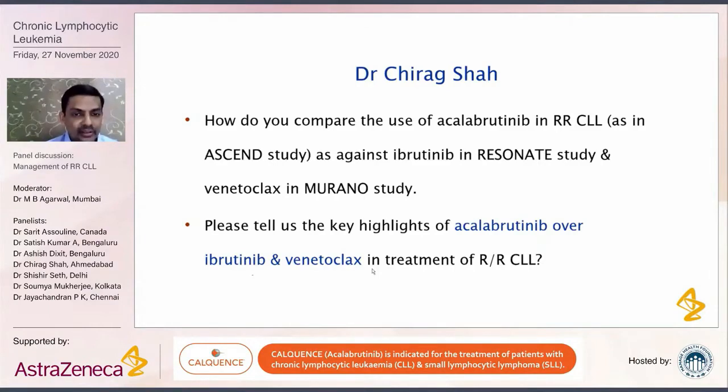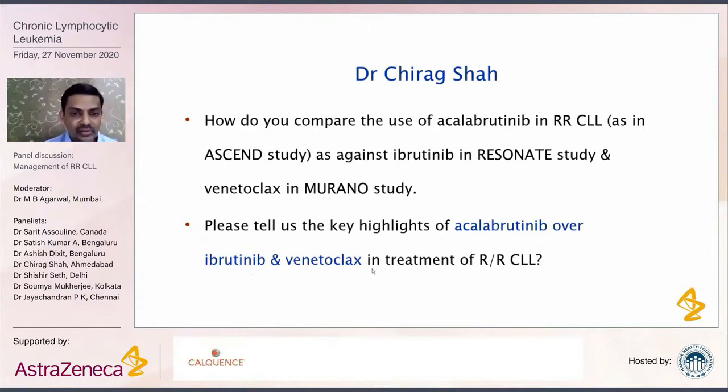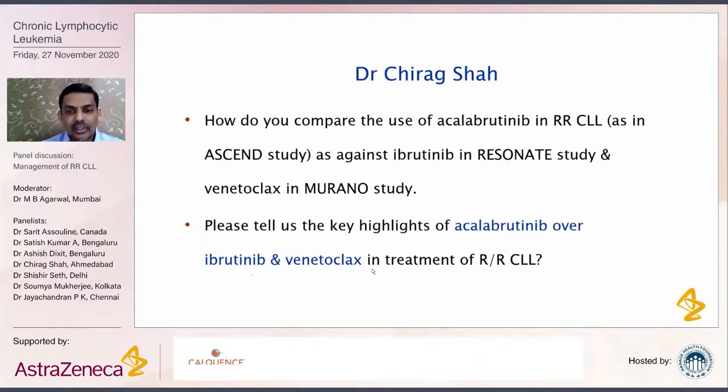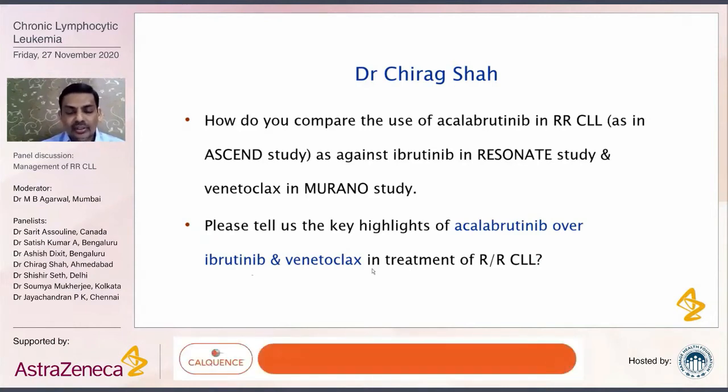Thank you. When I reviewed these three studies to try and compare, of course, this is all cross-study comparison, but it was quite interesting that between Acala and ibrutinib, some of the differences are related to the side effects as highlighted: the lower incidence of hypertension, somewhat bleeding, and a little bit of difference in atrial fibrillation.